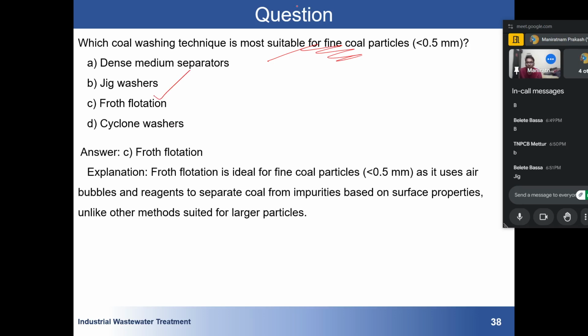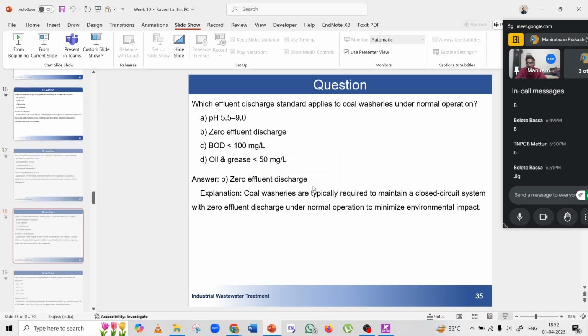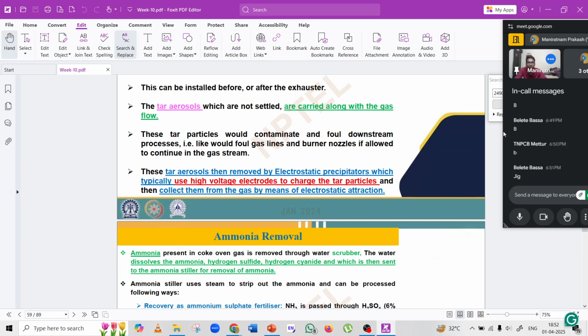Froth flotation is ideal for fine coal particles, as it uses air bubbles and reagents to separate coal from impurities based on surface properties, unlike other methods suited for large particles. Jig washers have another purpose. Let me show you what is the use of jig washers.